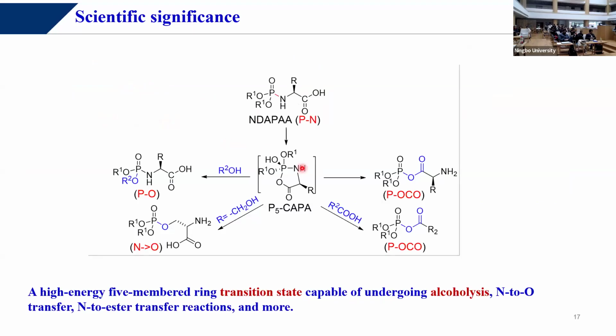As we know, this phosphorylated amino acid can form a high energy five-membered transition state capable of undergoing hydrolysis, nitrogen to oxygen transfer, nitrogen to ester transfer reactions and so on. Our current research demonstrates that only phosphorylated alpha amino acids could exhibit MCD signals under magnetic field conditions, which explains why life has selected phosphorus and alpha amino acids.